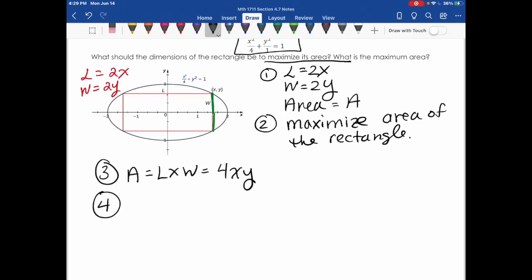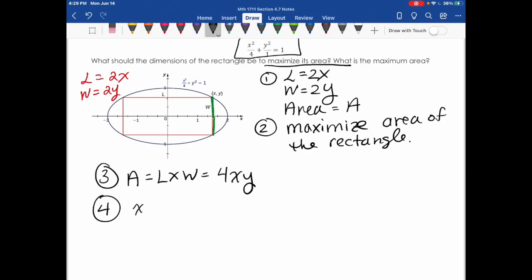In step 4, we need to find an equation for the area of the rectangle so that it's all in terms of x. Since the equation of the ellipse is x squared over 4 plus y squared is equal to 1, we can solve this for y and then do a substitution.